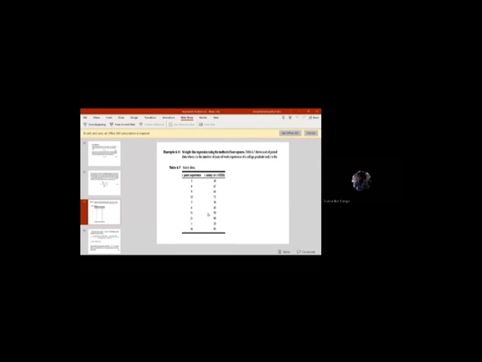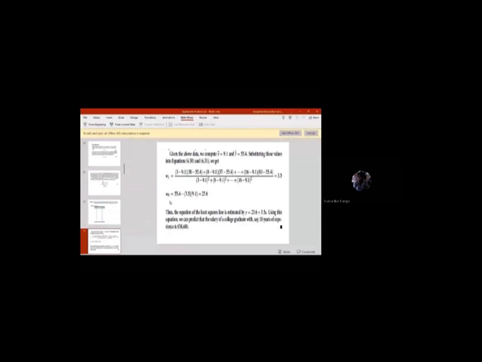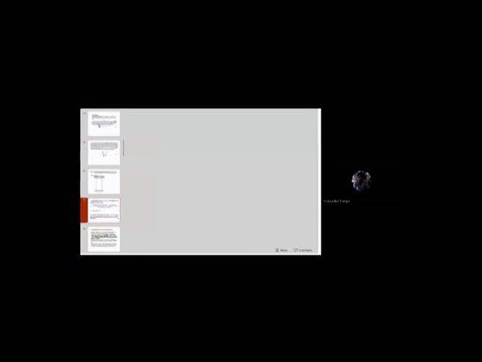So this is a sample data, and the mean value of x is the summation of x by n, which is going to be 9.1, and the mean value of y is the summation of y by n, which is going to be 55.4.